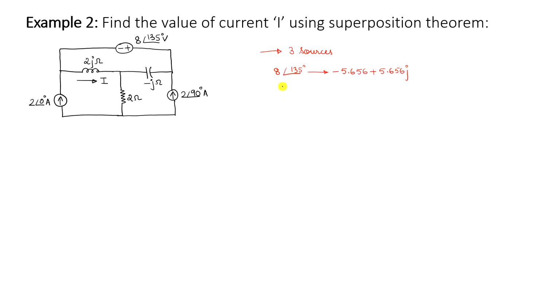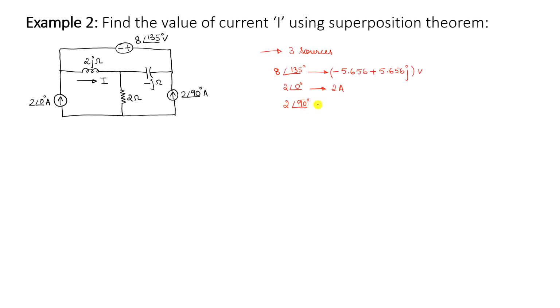Then you have 2 angle 0 degree, which is the current source, and this is equivalent to 2 amps. The value of this is in volts. This is 2 amps. Then you have 2 angle 90 degree.